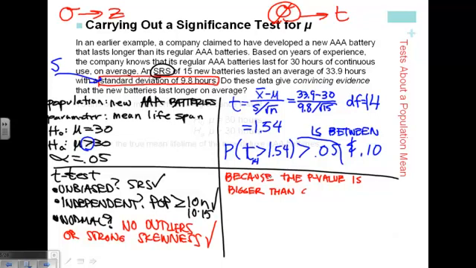Bigger than our alpha value of 0.05, we fail to reject.